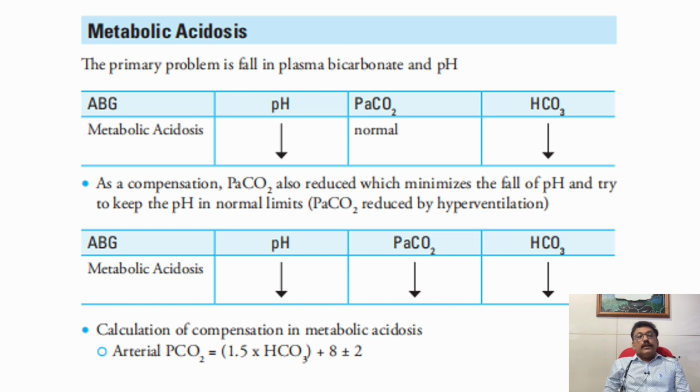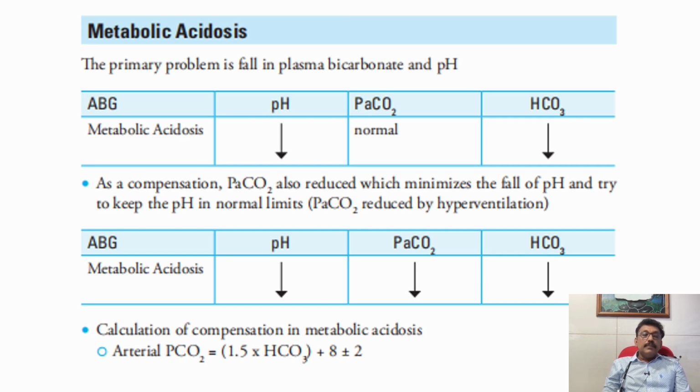In metabolic acidosis, what we are seeing is pH is reduced because of acidosis, and bicarbonate is reduced because of metabolic acidosis. Initially it will not be compensated, so PaCO2 will be normal. But after some time, the patient will try to breathe fast and remove carbon dioxide through the lungs, so PaCO2 also will be reduced.